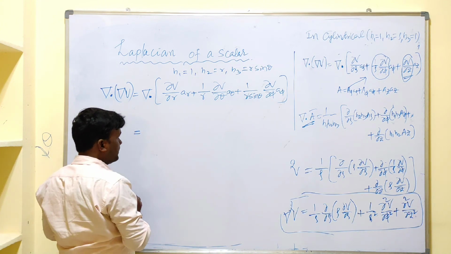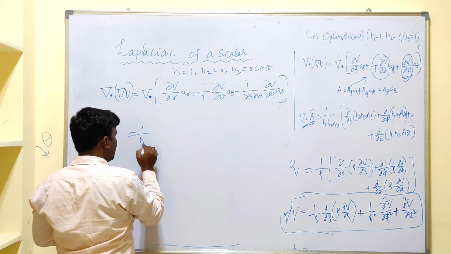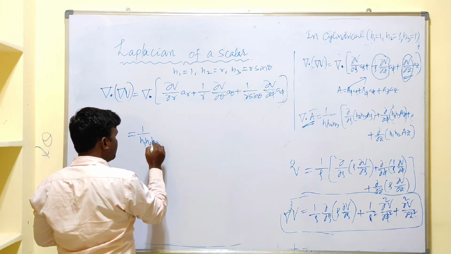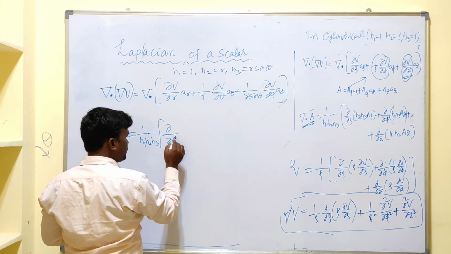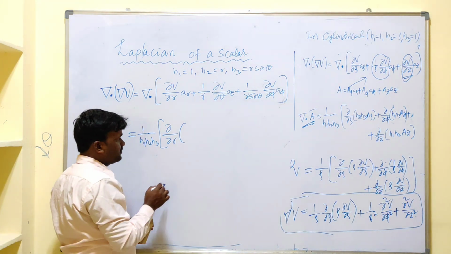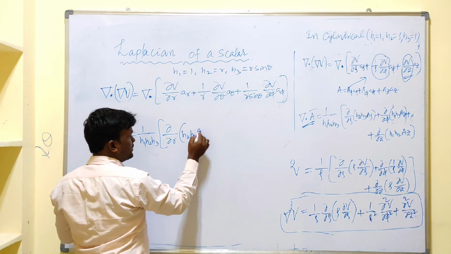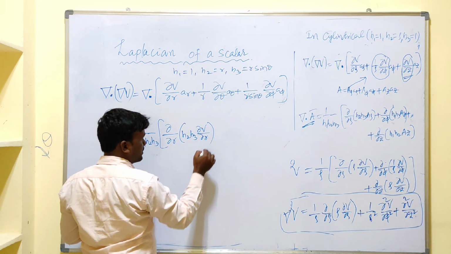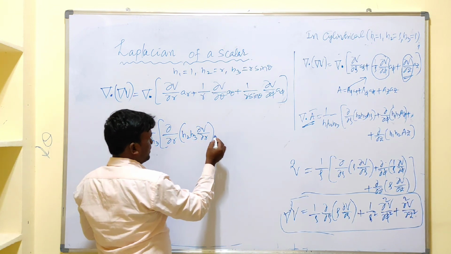Directly I am writing here. Okay, so 1 by H1 H2 H3 into ∂/∂r of H2 H3 A r. What is A r? This component, that is ∂V/∂r. Okay, I will derive this one also. It is easy.